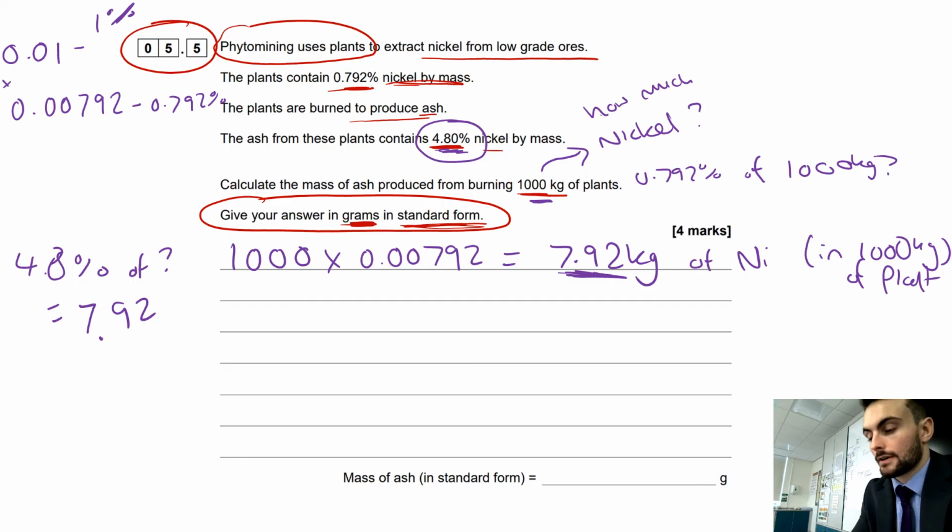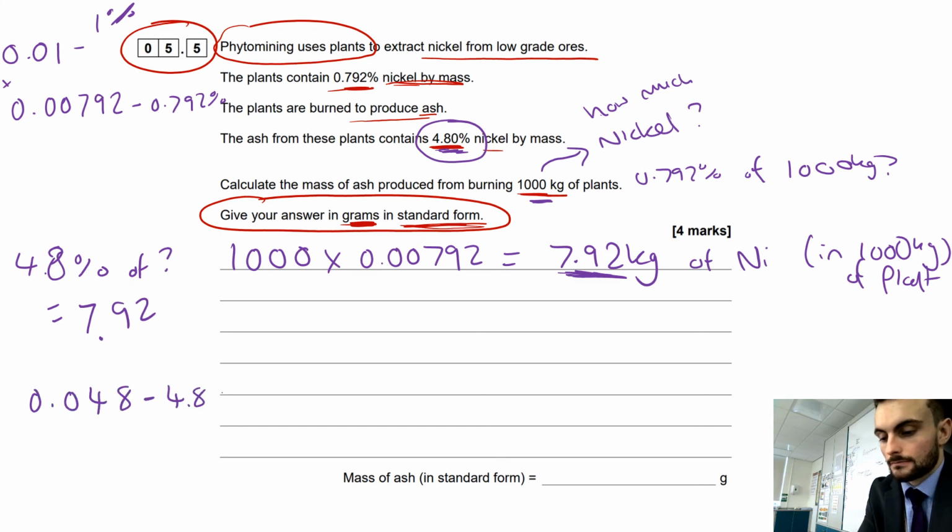So we need to figure out the unknown value. The way I would do that is same again, turn 4.8% into a decimal, which is 0.048. So if we times something by that number, we're going to get 7.92.